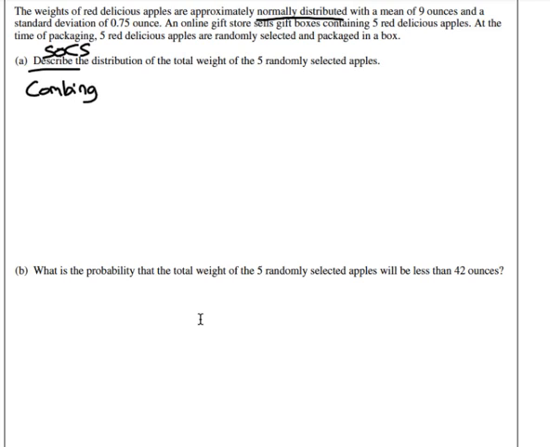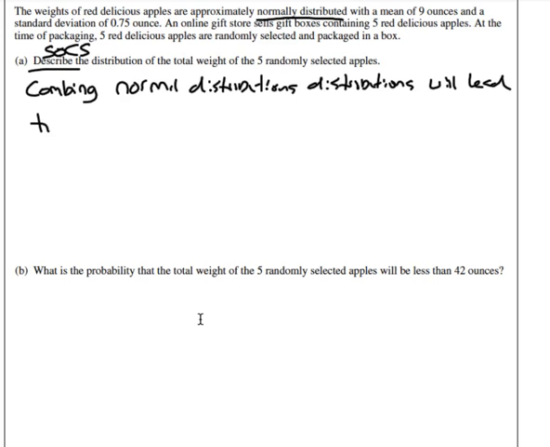So combining normal distributions will lead to a normal total weight distribution. So we've covered the S, the shape of SOCS.